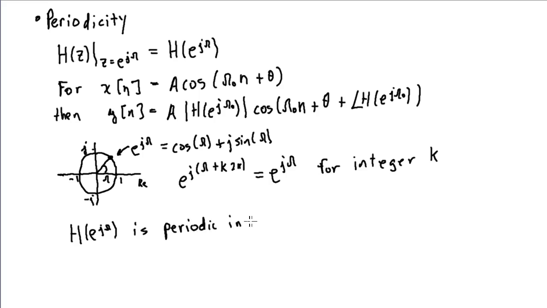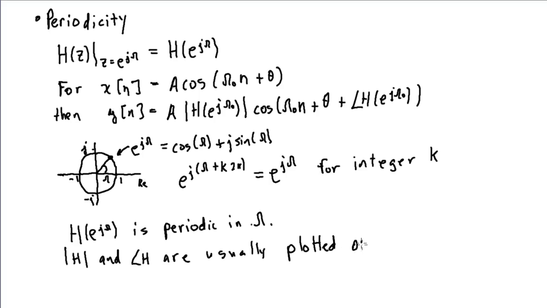The magnitude and phase response, magnitude of H and angle of H, are usually graphed or plotted over the range minus pi less than or equal to omega less than pi.